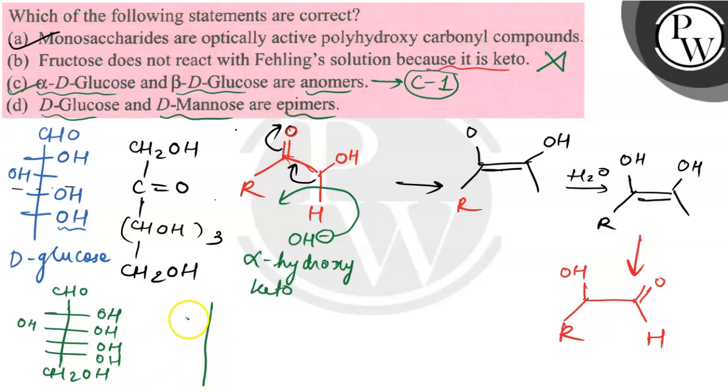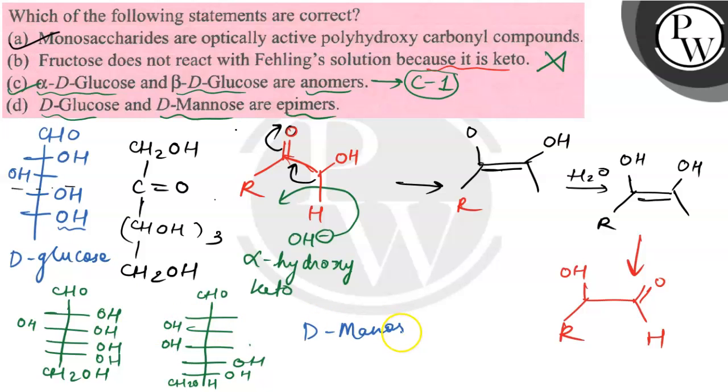Now D-Mannose will be something like this. Here we'll be having CHO group, then OH groups, and here at the bottom we'll be having CH2OH group. This is the D-glucose and this is the D-Mannose.